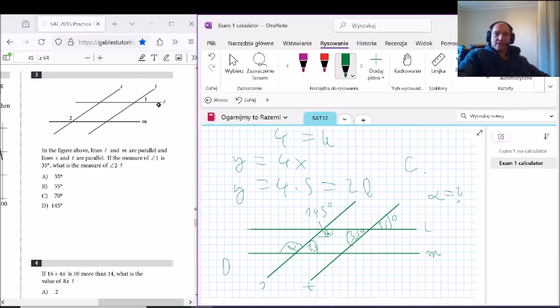It shows acute angles as really acute. So when you look at 2, well, it's an obtuse angle. So an angle that has more than 90 degrees. So the only answer that fits this is D, 145. How can you have 70 or even less degrees here? So yeah, it's a pretty obvious answer here.